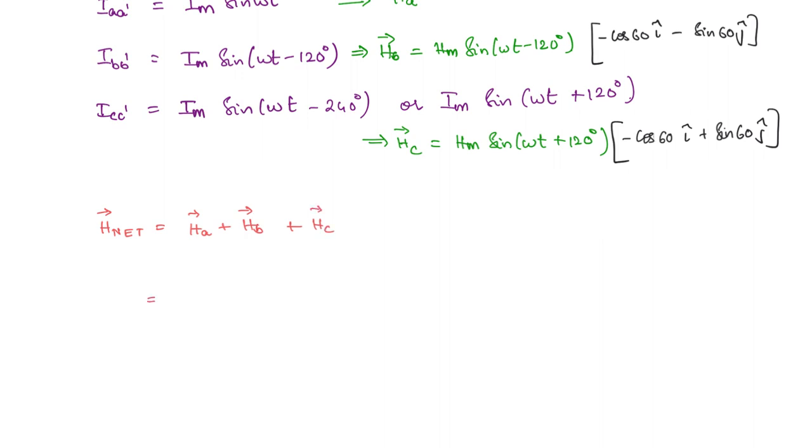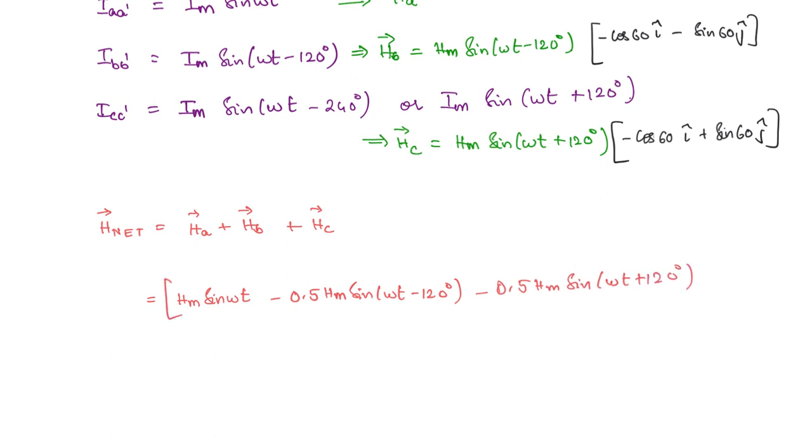Okay. So now you keep all of the I components on one side. So what are you getting? Hm sine omega t, and then here HB's I component is minus cos 60 Hm sine omega t minus 120 degrees. So this is minus 0.5 Hm sine omega t minus 120 degrees. Okay. And finally in HC, the I component is once again minus cos 60 Hm. So minus 0.5 Hm sine omega t plus 120 degrees.